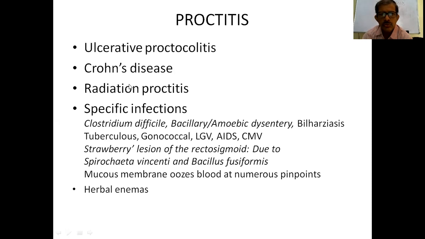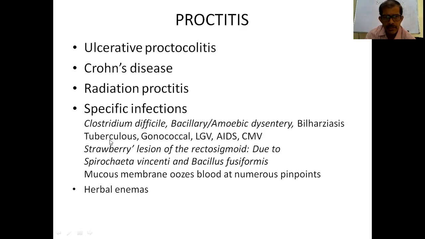Then due to radiation also, there may be proctitis. Then there are certain specific infections like Clostridium difficile, and then bacillary, amoebic dysentery, all of them you know. Peculiarly, even bilharziasis may be there, particularly in Egyptian countries. Tuberculosis of the rectum, very, very important.